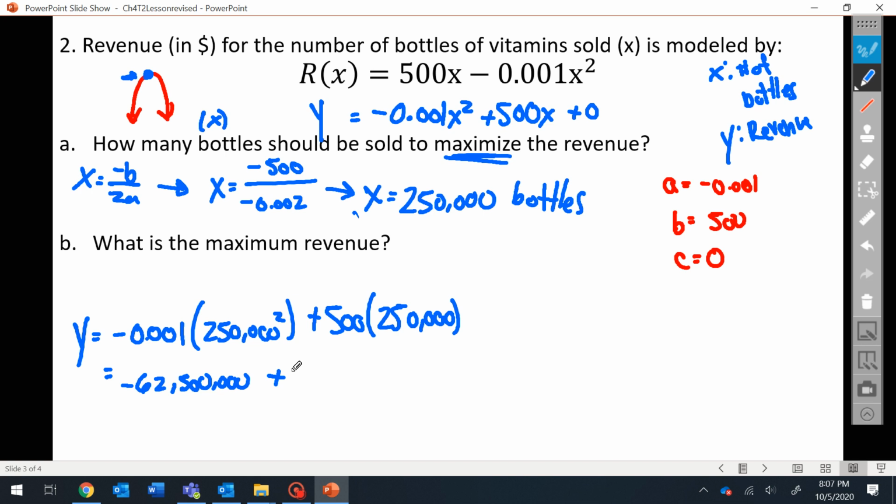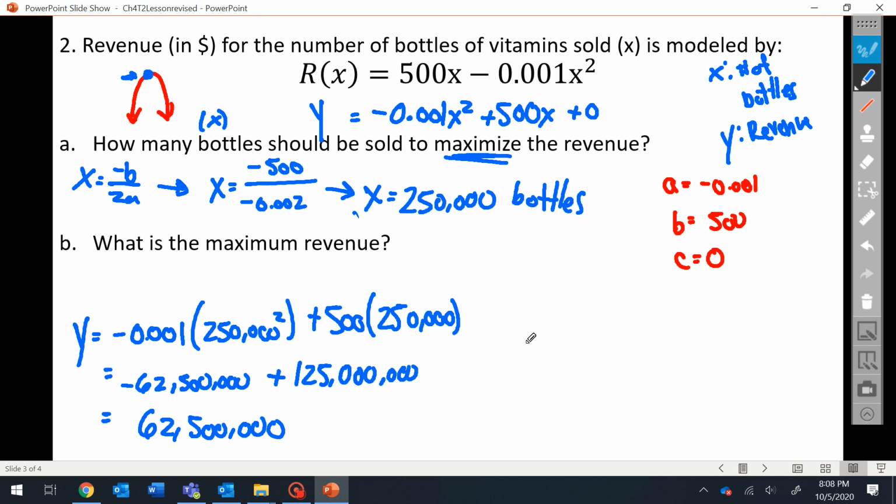The second term, 500 times 250,000, this is 125 million. I just need to combine these. So when I combine these, 125 million and negative 62.5 million, I get 62,500,000.